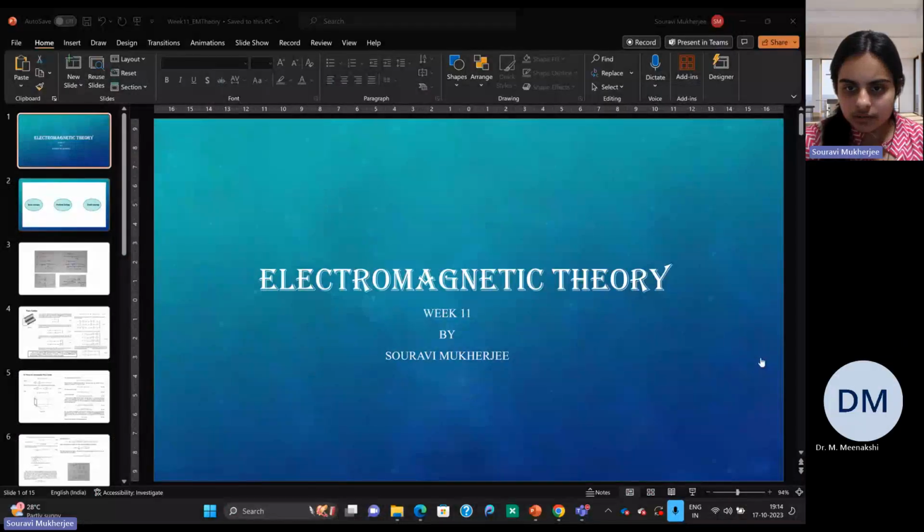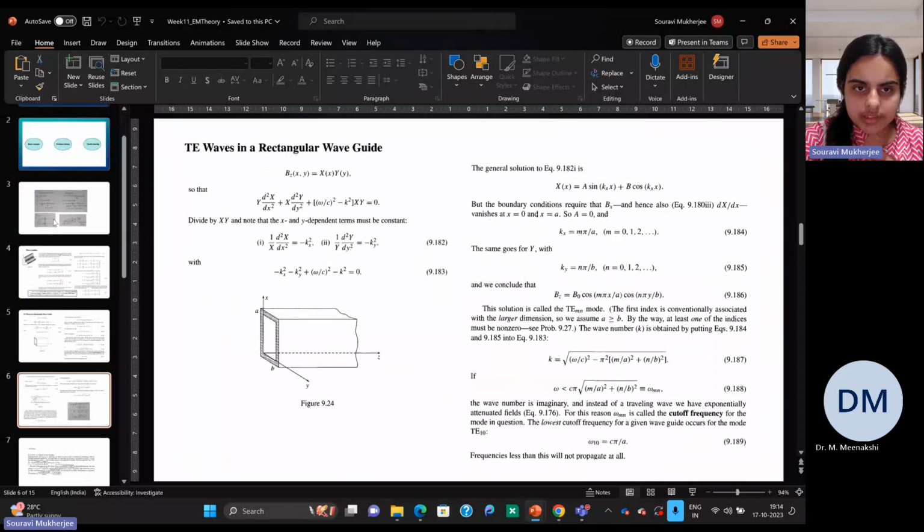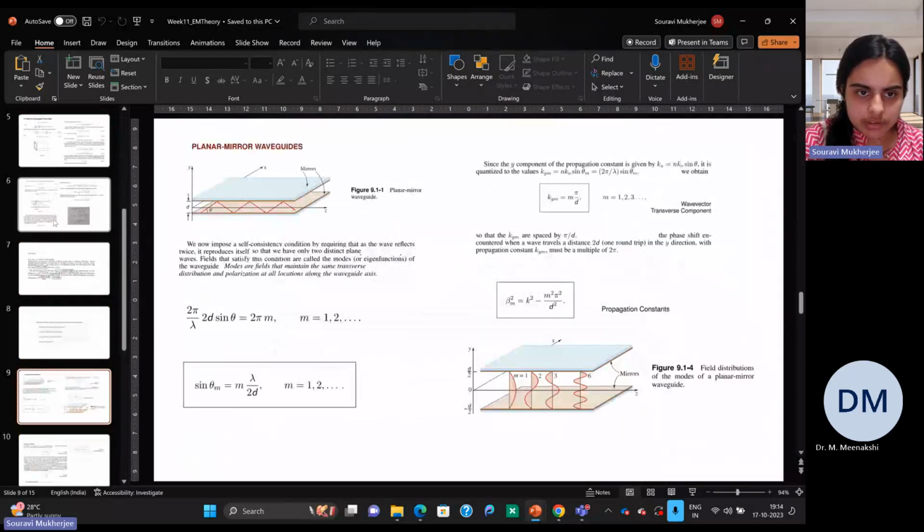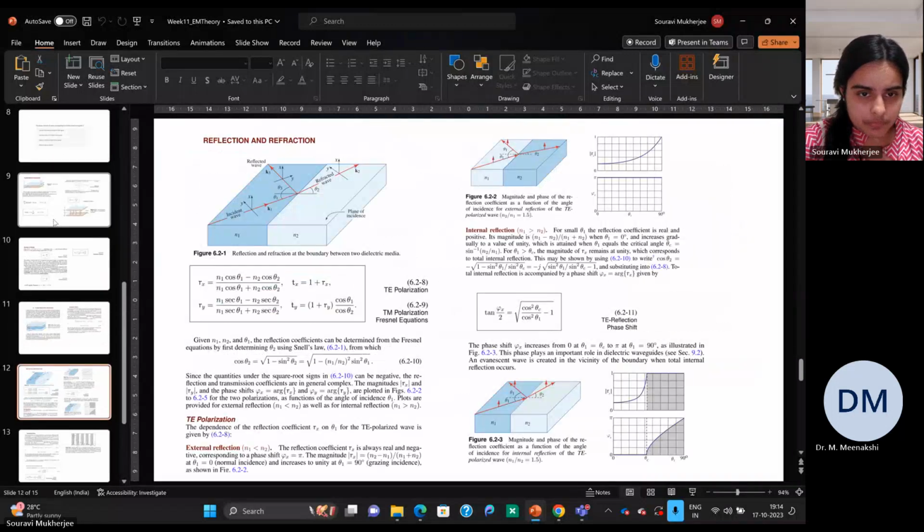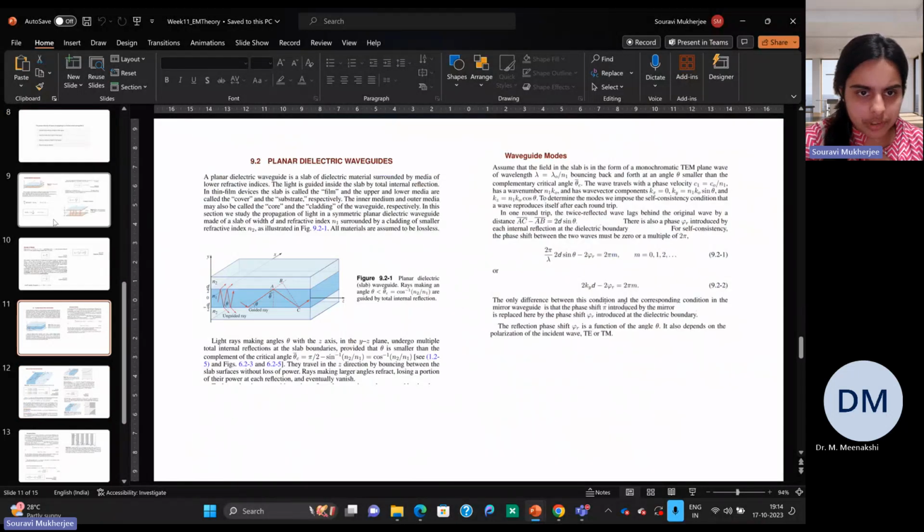I think then it will be clearer. See here, what it is telling you is that, first of all, your N2 should be always optically rarer than N1.